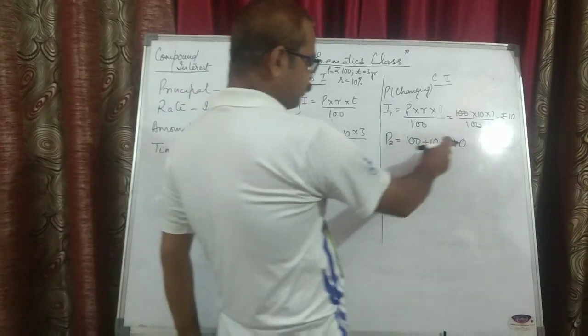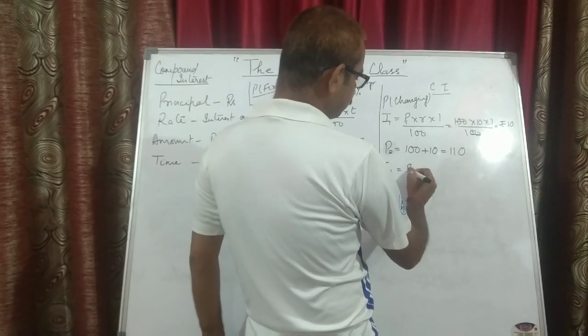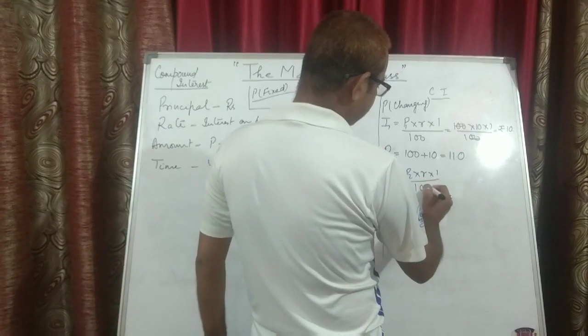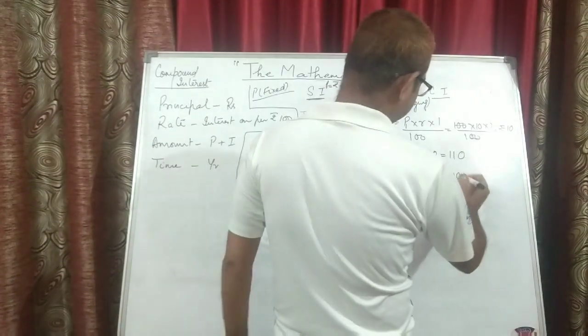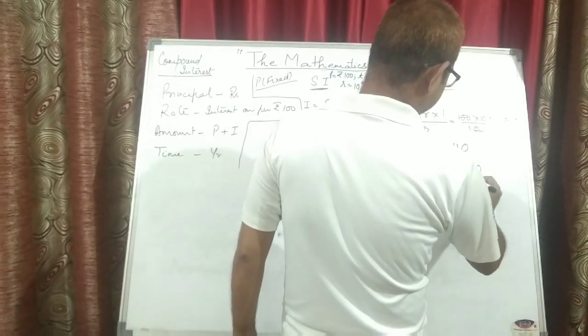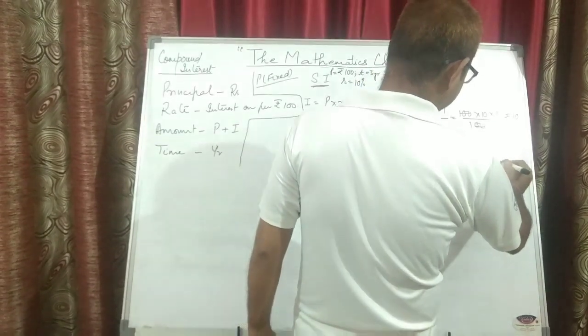Now principal becomes 110. So interest for second year will be P2 into R, again for 1 year, upon 100. So P2 is 110 into rate is again 10% upon 100, 0 cancel, it became rupees 11.